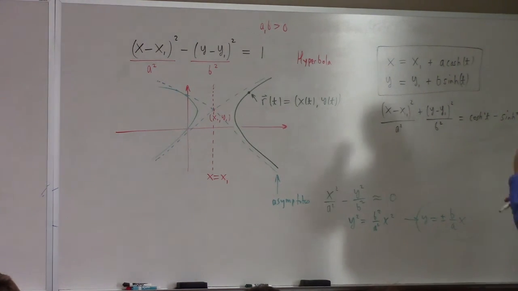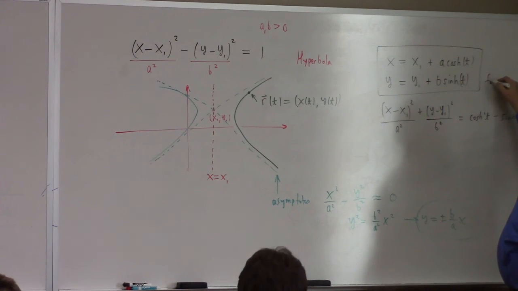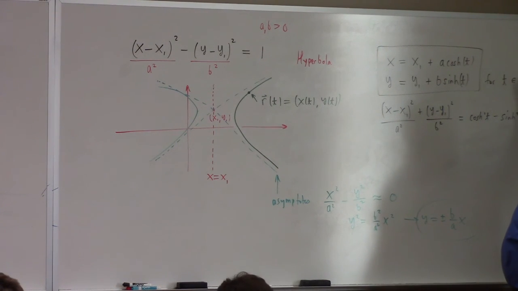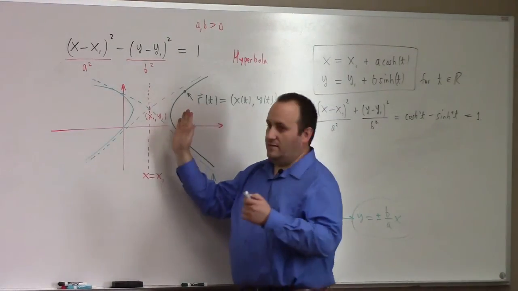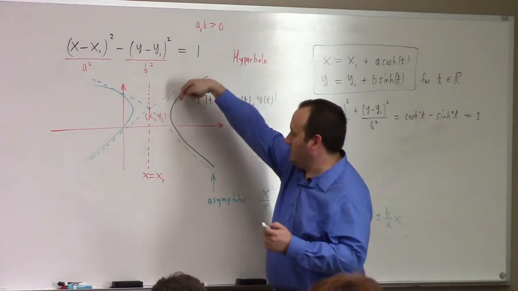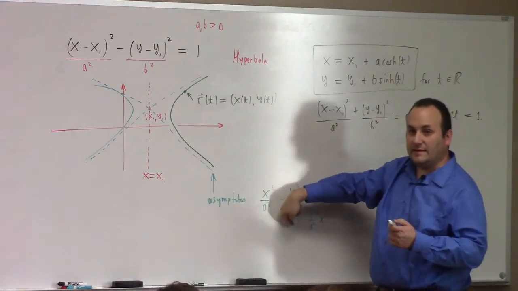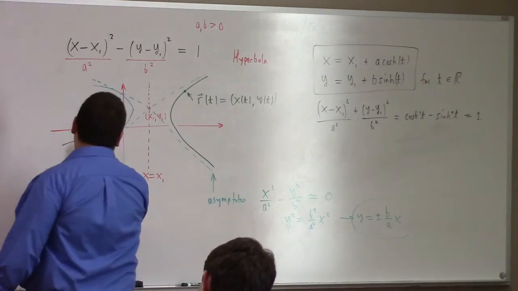And what's the range here? This is for t in the reals. As t goes to infinity, you go up here. As t goes to minus infinity, you go down there. Like that. What are the parametric formulas for over here?